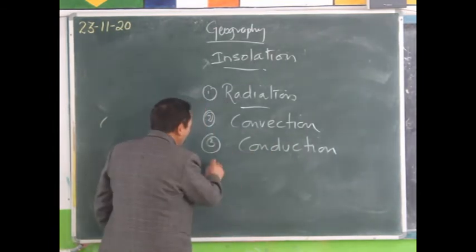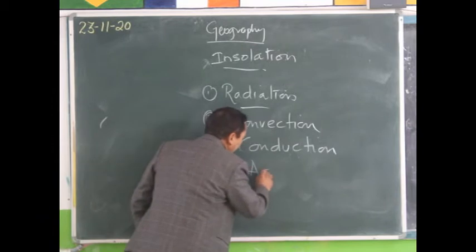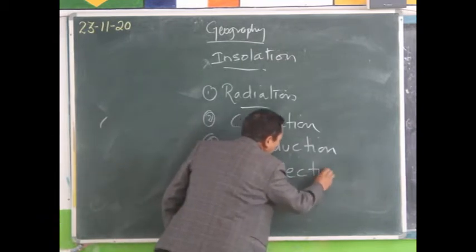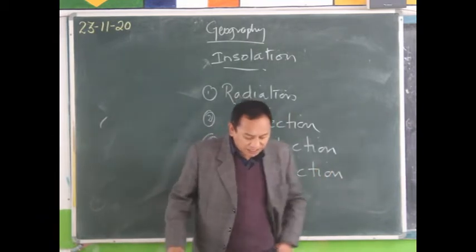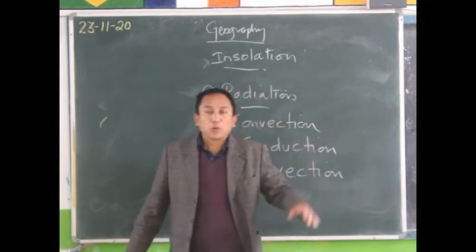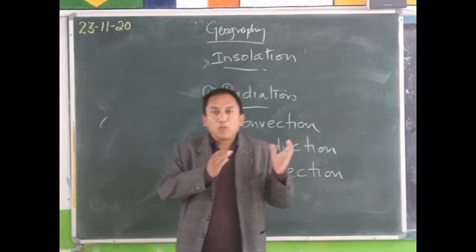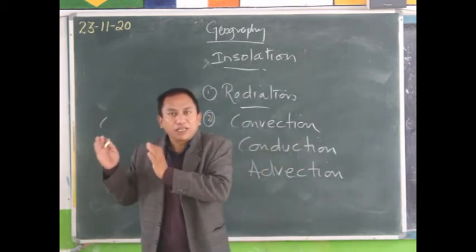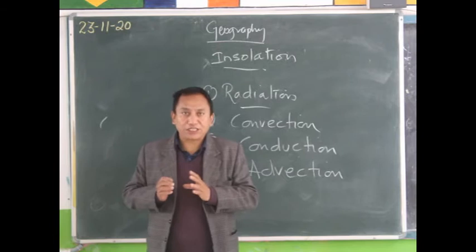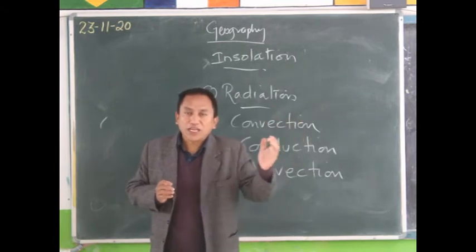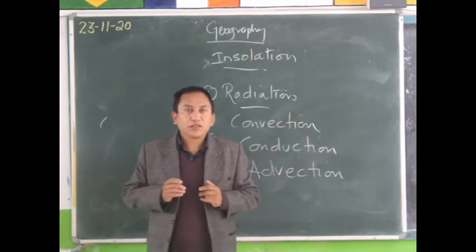And then we have the fourth one, advection. Advection is basically the movement of air. When the warm air moves from a particular region to a colder region, the place where this warm air passes by, that particular area's temperature will slightly increase because the warm air is passing over that area.